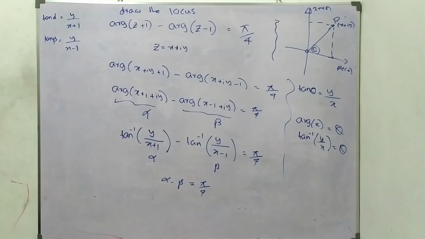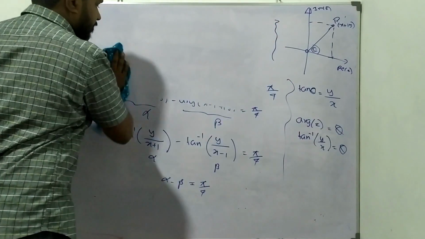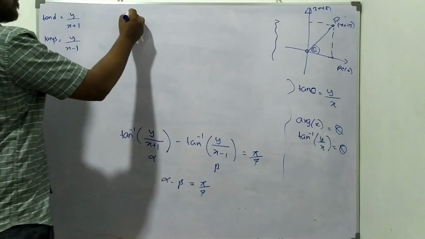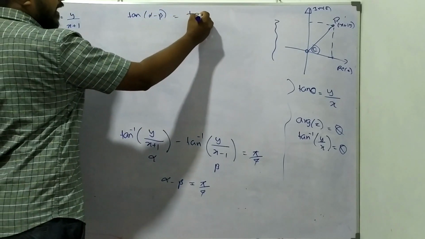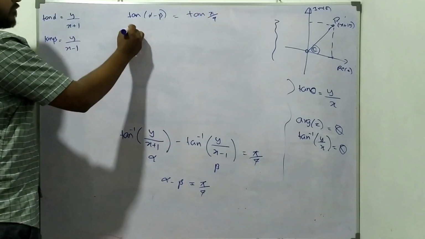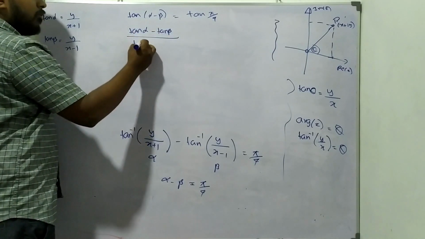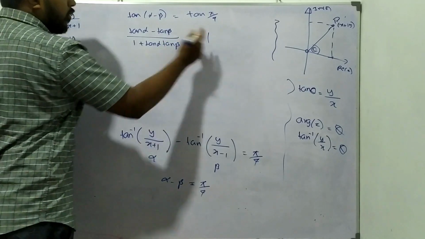So taking tan of both sides, tan of alpha minus beta equals tan pi by 4. Tan alpha minus tan beta over 1 plus tan alpha tan beta equals 1.